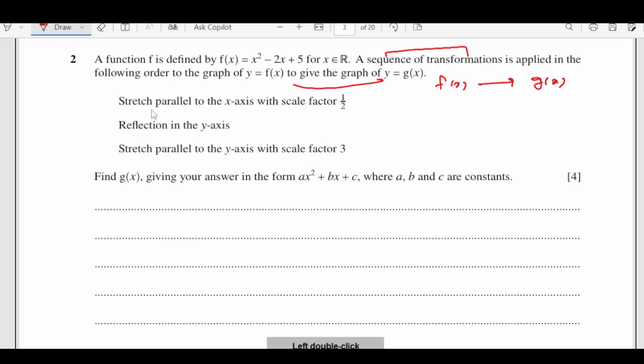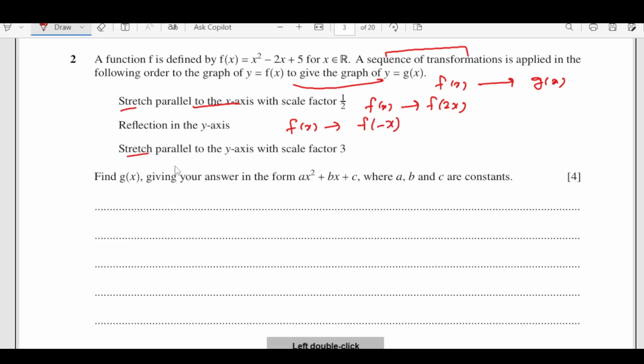The first one is a stretch parallel to the x axis with scale factor of 2. So that means f(x) is going to become f(x/2), because this is a stretch, so the x coordinate is going to be doubled. Then the reflection: x becomes negative x.